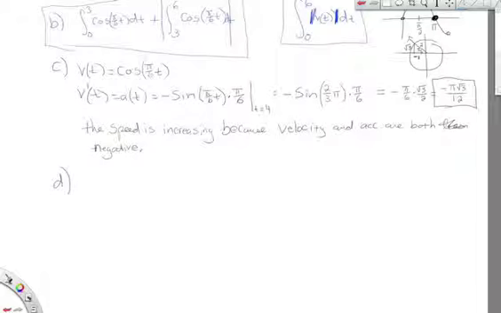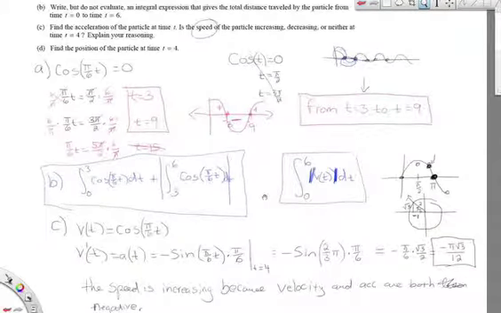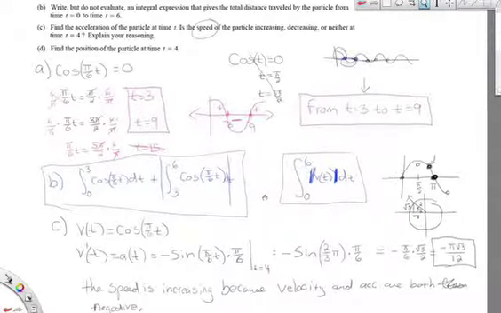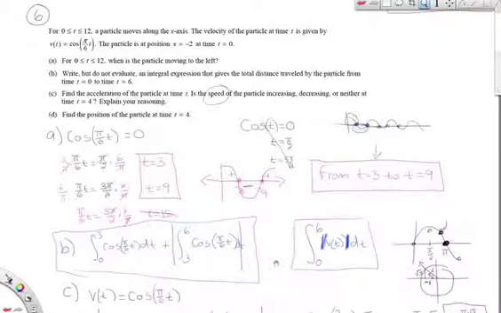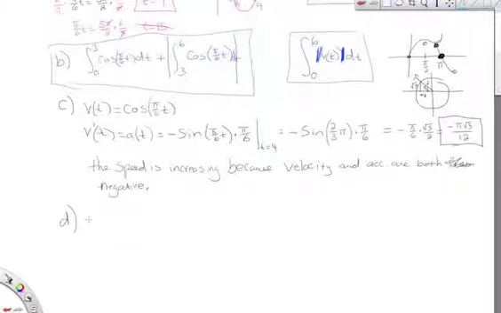Part D. Find the position at time 4. So I just need to figure out where I started. I started at -2, and then I did some change. So I have to figure out what that change was. My answer should simply be -2 plus whatever happened.